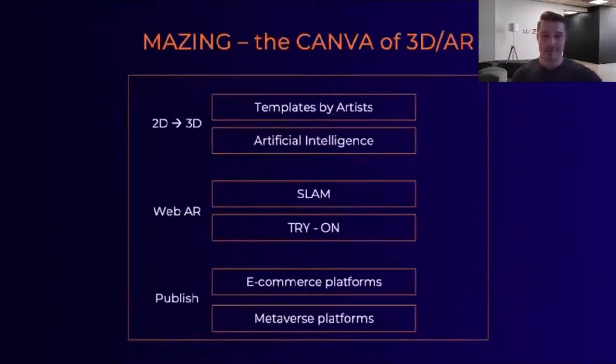First of all, we need to get from 2D to AR, and that's what we are doing with 3D templates or artificial intelligence. In reality, we take quite many 2D pictures of different angles, and then we can automatically create 3D models. This is something which is really just in development.